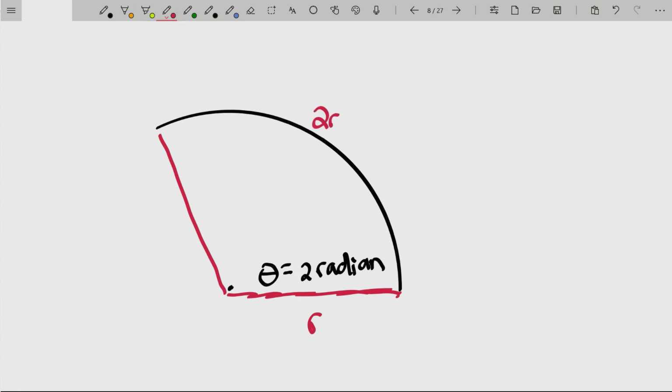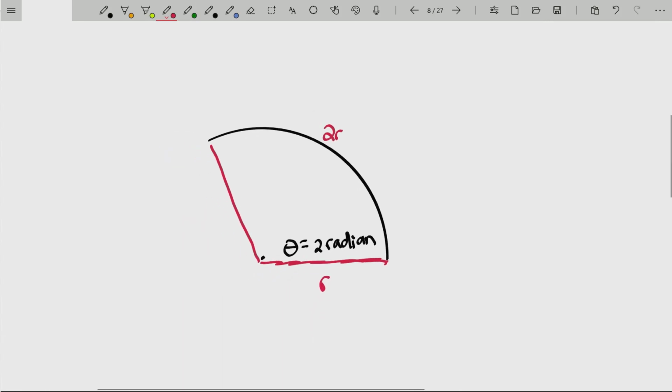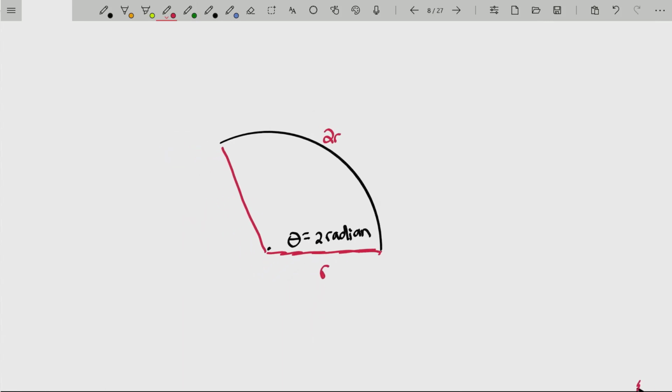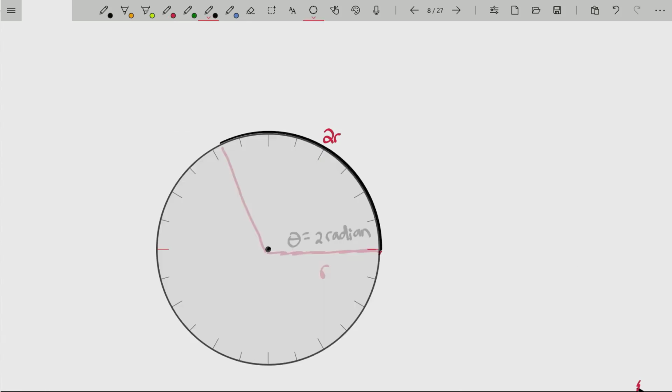So you should start to see a relationship between the arc length and the radius. If I wanted to go to 3 radians, I would go ahead and again start at the edge there and just rotate over. And I would go to, let's see, I have to do the math in my head, I apologize. Right about to maybe here.